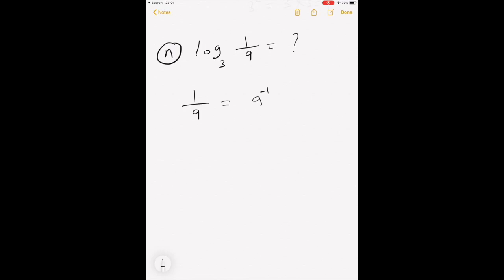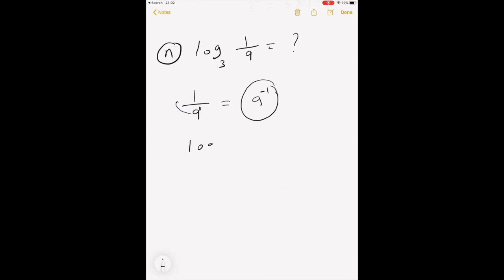Because 1 over 9 is the inverse of 9. In other words, 3 to the power of something gives you 1 over 9.